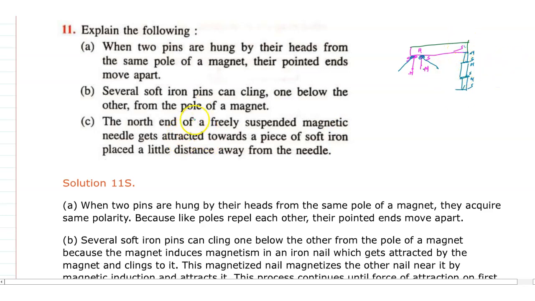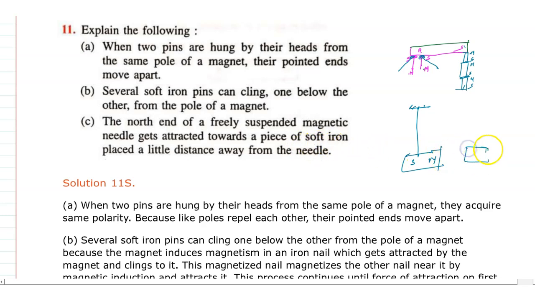Another question. The north end of a freely suspended magnetic needle gets attracted towards a piece of soft iron placed at a little distance away from the needle. Suppose the north pole and south pole are suspended freely.